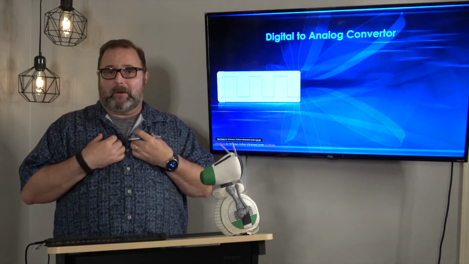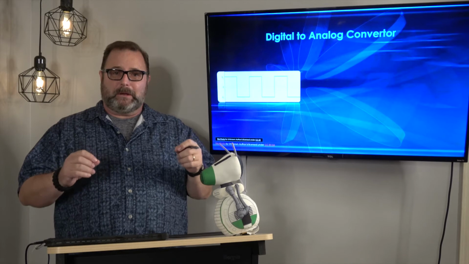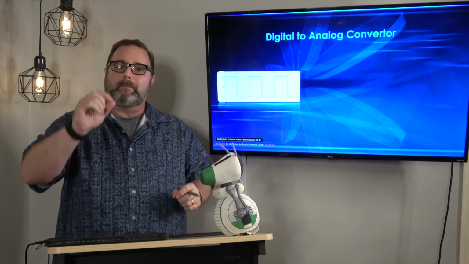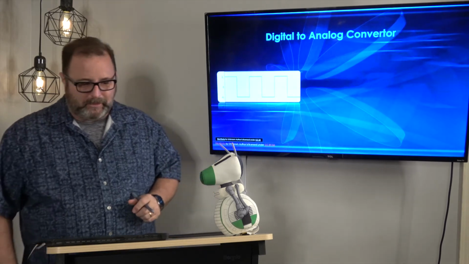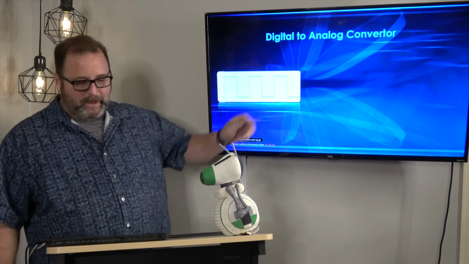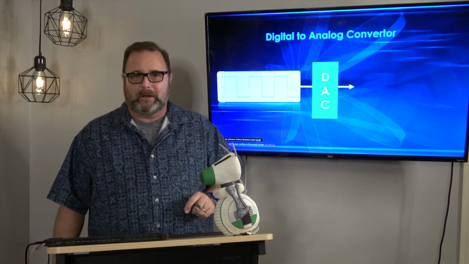Because even the video of me moving right now, like, hi, that's being converted to digital bit patterns from the camera sensor, which is also being digitized, okay? So we're going to start with the square wave, and it's going to try to put it back through a digital to analog converter.